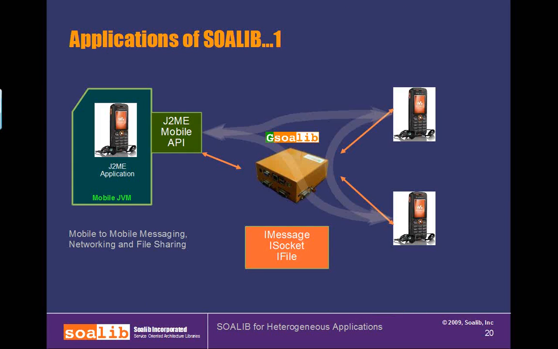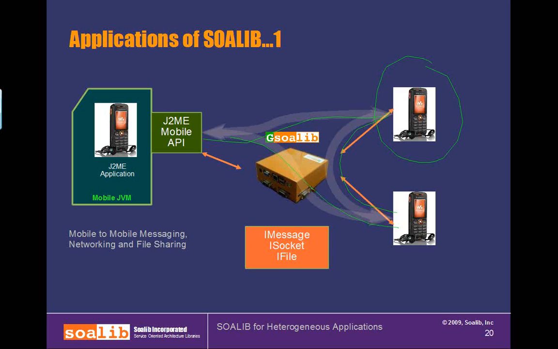And this is one of the applications. Here you see these lines are connected, which just says that any mobile phone can communicate with another mobile phone using the SOALIB API. So if you are building a mobile application, and if you want your mobile data to be shared by other phones or a particular phone, then you can use SOALIB.